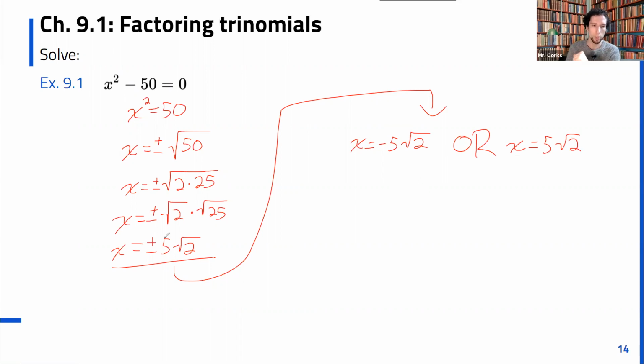So 2 different versions. Remember, when we see the plus minus, that means we have 2 different things we need to evaluate. So those are the 2 possible solutions here. Now we'll look at cases where things get slightly more complex, but still not too bad.